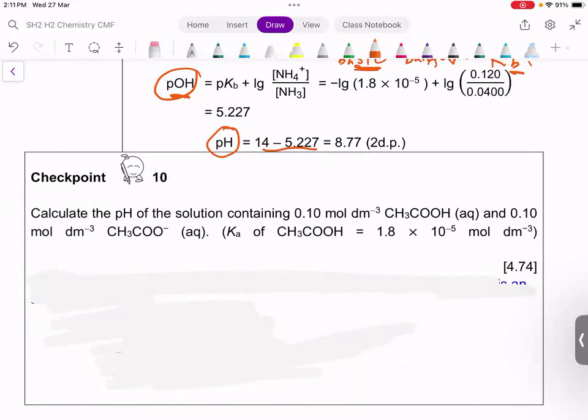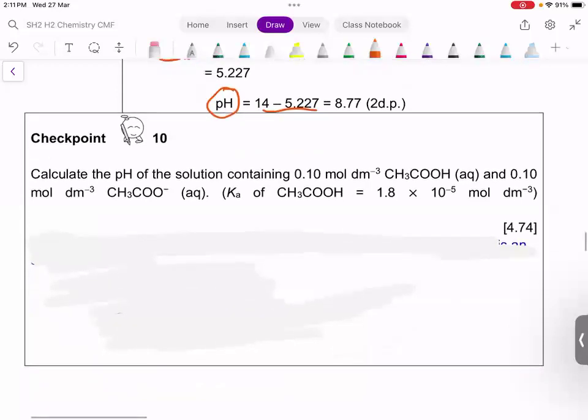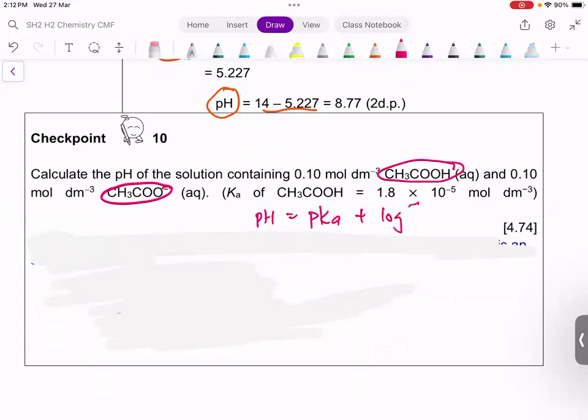Okay. All right. So, can I go through the answer to checkpoint 10? In this case, because you are working with an acidic buffer, so weak acid and the salt will form an acidic buffer. So pH equals pKa plus logarithm of salt over concentration of the weak acid.